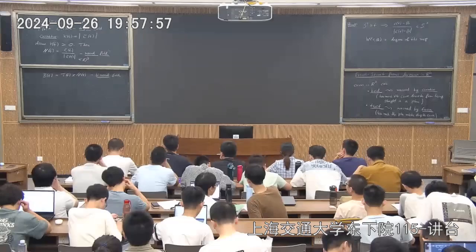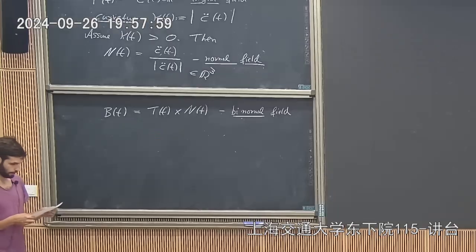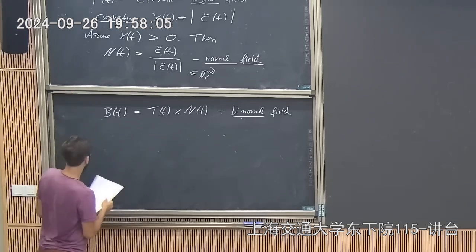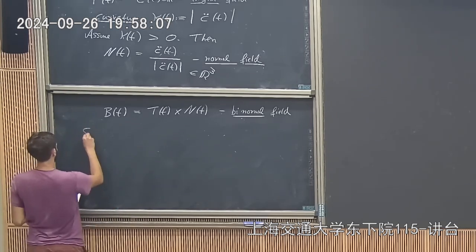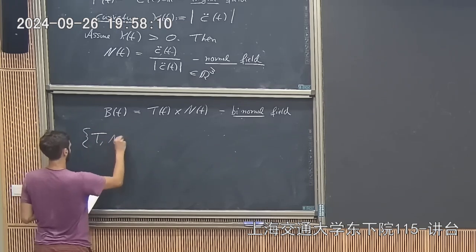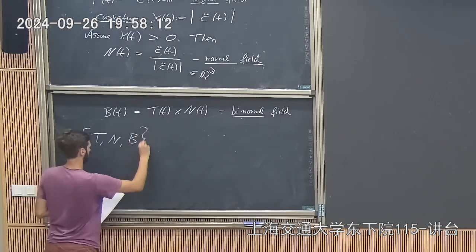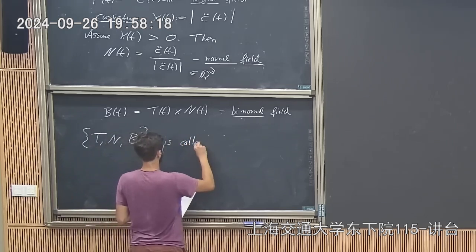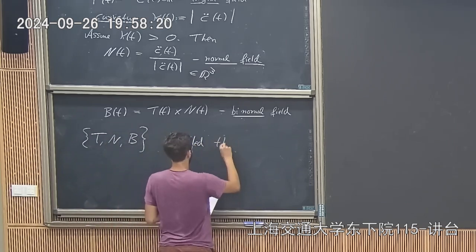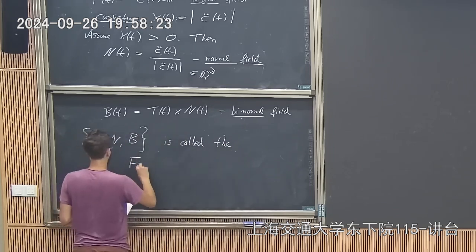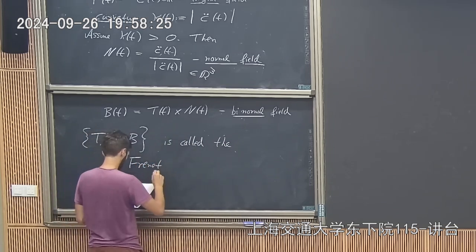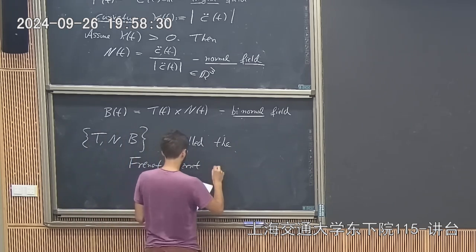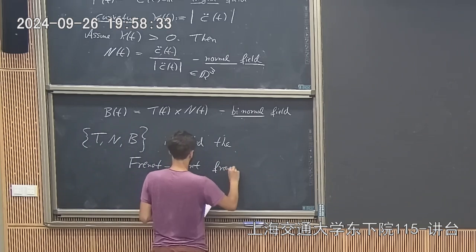So we have 3 vectors that shouldn't come as a big surprise. And the point here is that these 3 vectors form what is called a linear direct frame.